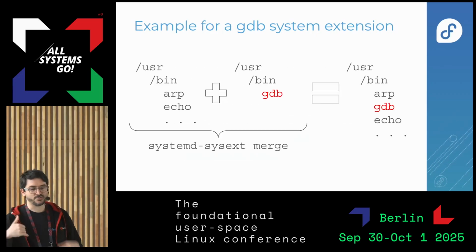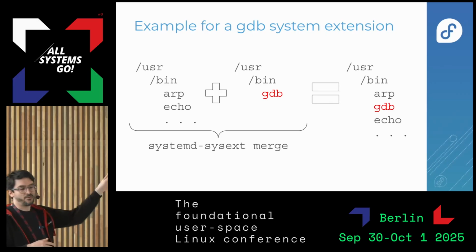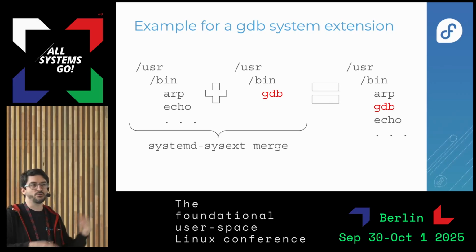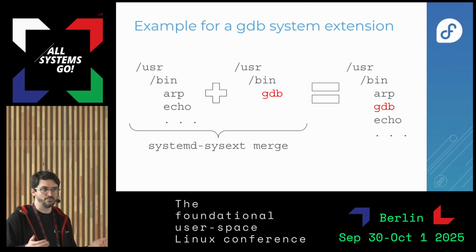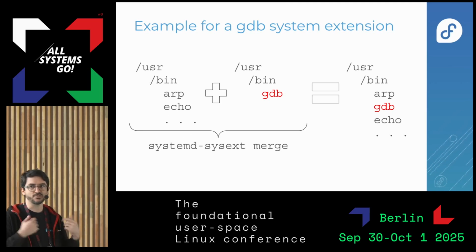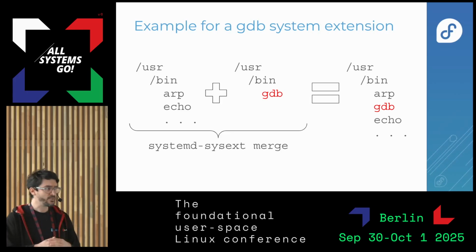So what does a system extension look like in practice? On your left, you've got your normal system where you would have a set of binaries. Say, for example, you want to debug something that is happening, and on your normal production system, you don't necessarily have GDB installed. So you would bring a sysext with GDB, and you would overlay that on your system.